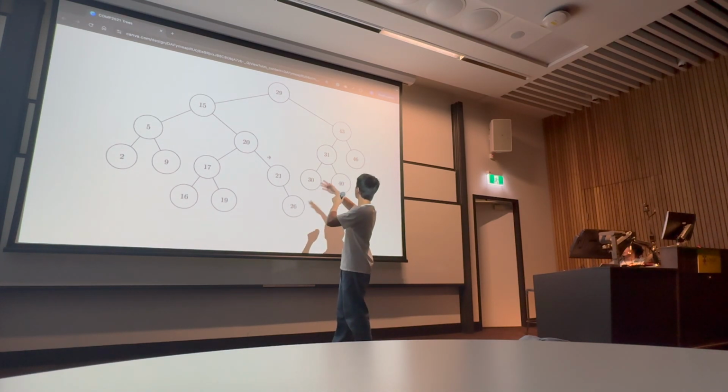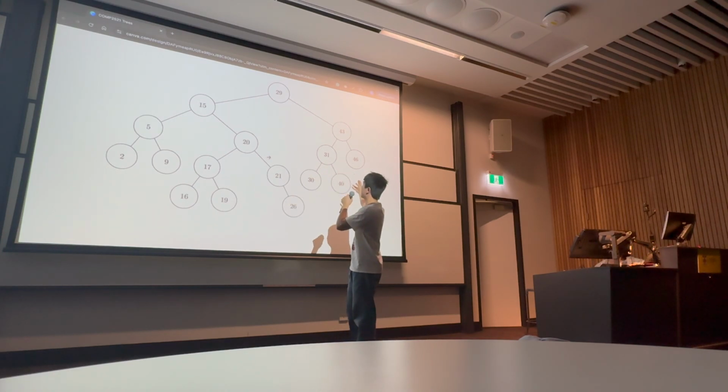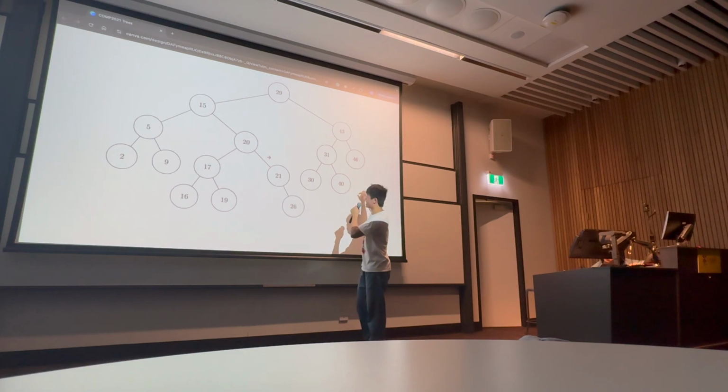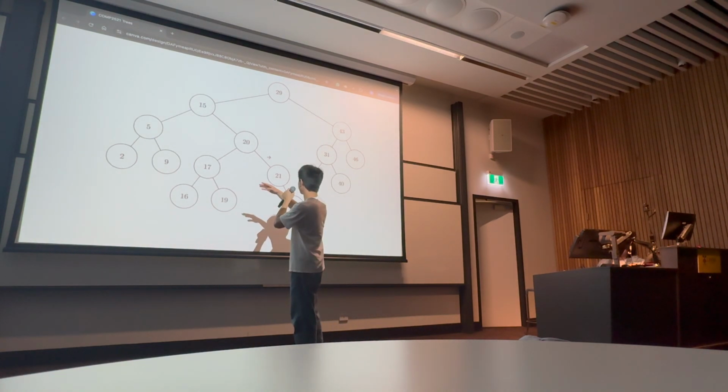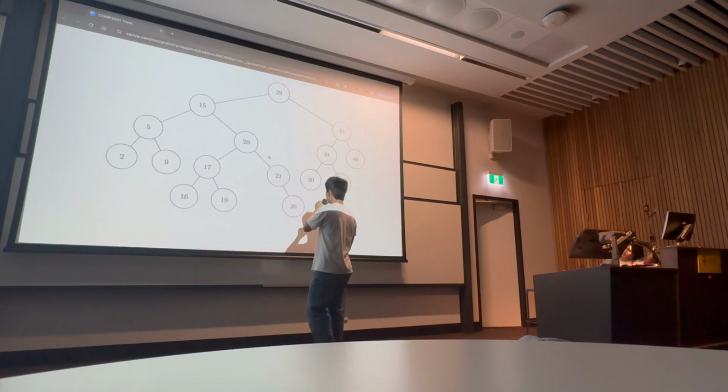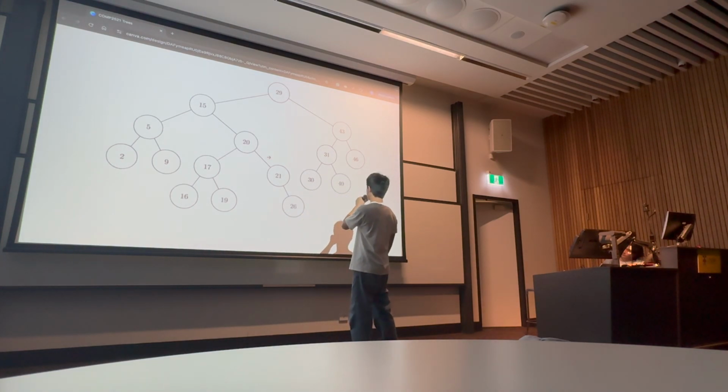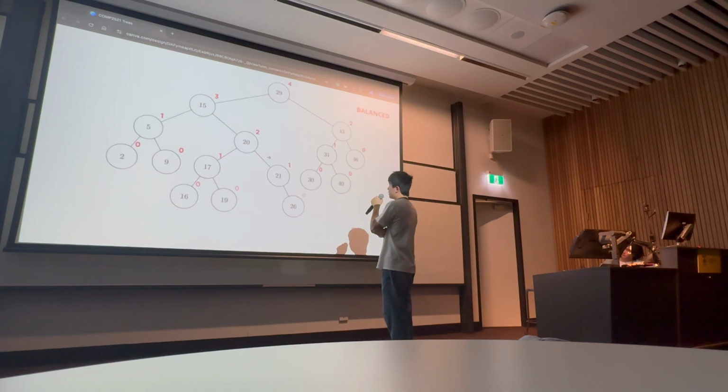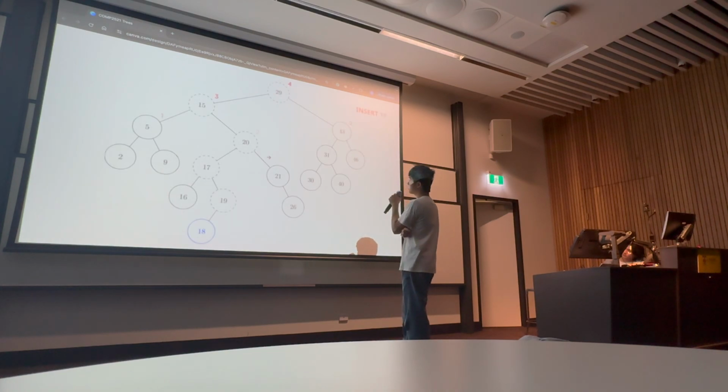If you go through every single part of this AVL tree, even though this part is a bit discombobulated and there's nothing there, it's still balanced, because if we go through all of the heights, it still conforms to the property. So this tree is balanced.